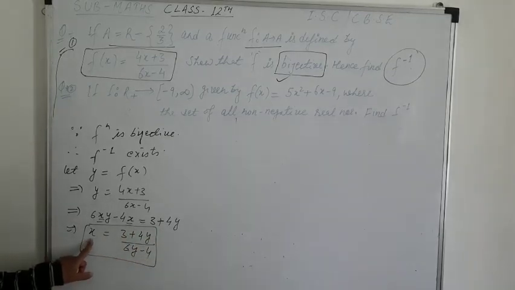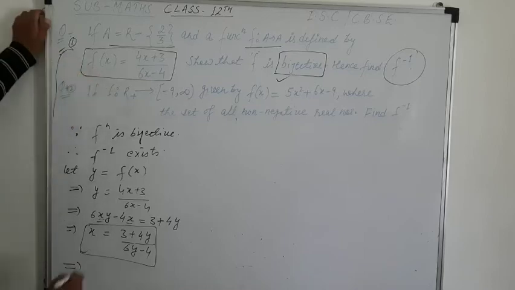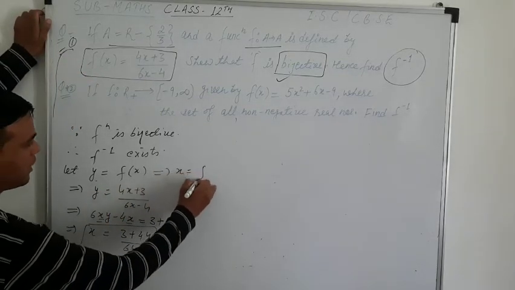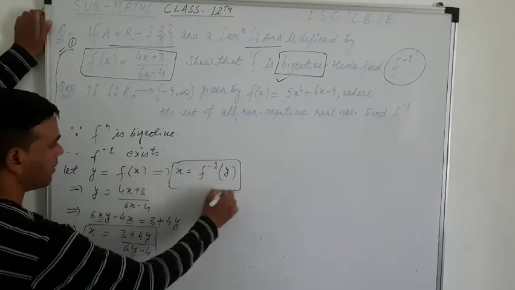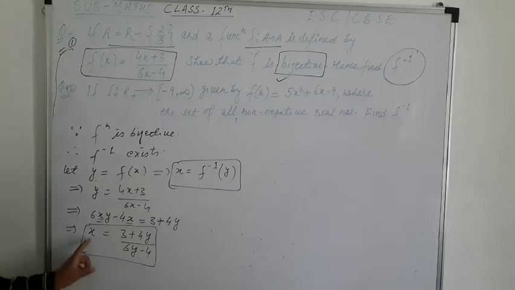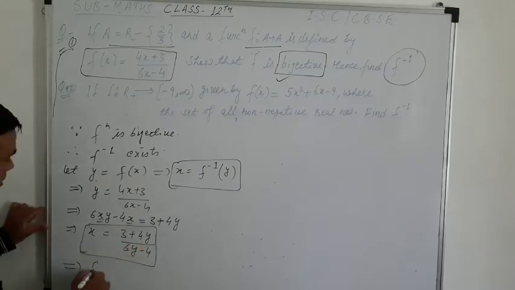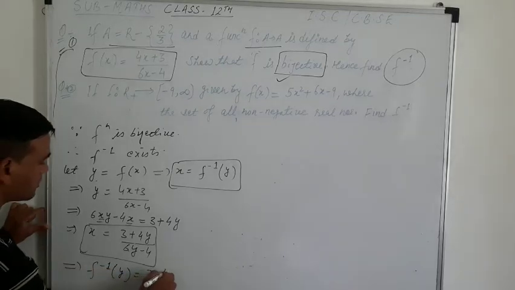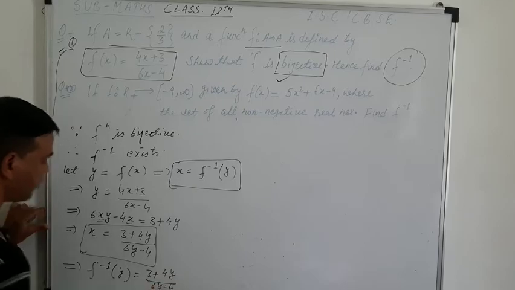Since y is equal to f(x), we can put x is equal to f inverse of y. It means x is equal to this one, and this is nothing but f inverse of y. So this implies that f inverse of y is equal to (3 plus 4y) upon (6y minus 4).